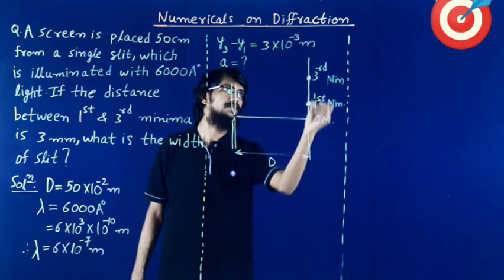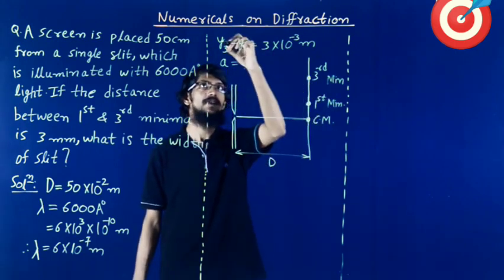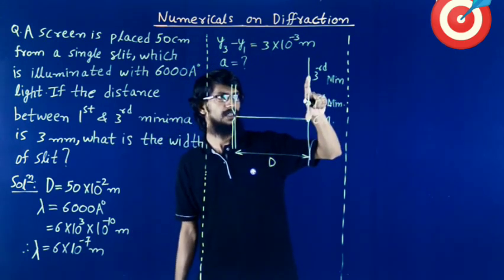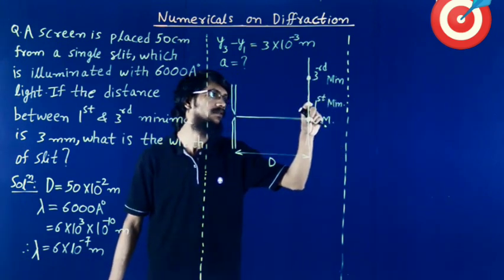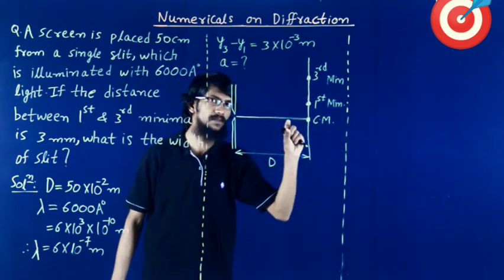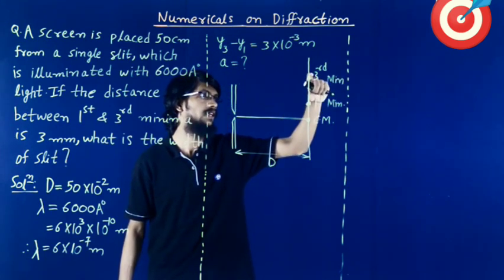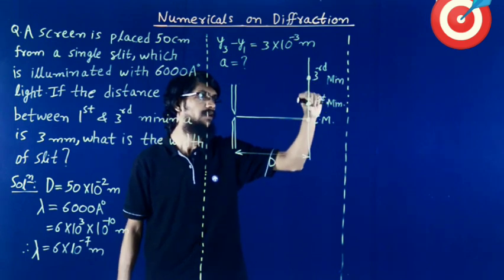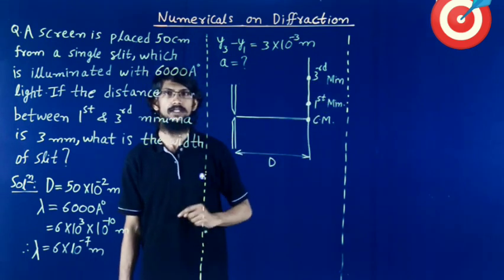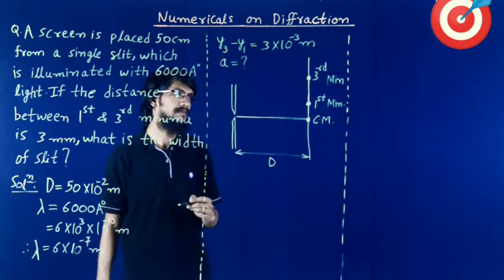From the central maxima to the third minima, the distance is y3. That means this much height is y3, and out of which the distance between the central maxima and the first minima is y1. So if we want the distance between third and first, we write y3 minus y1, and that's given to us as 3 into 10 raised to power minus 3 meter.